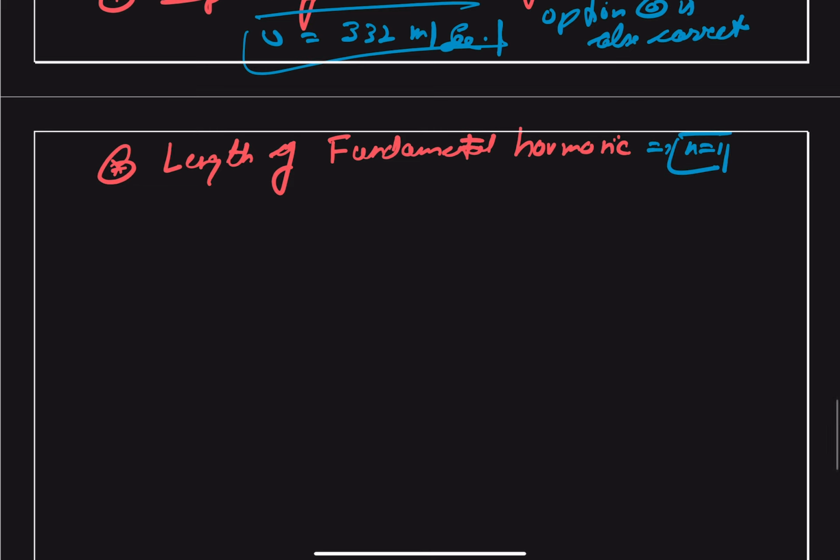So the length for the fundamental harmonic will be equal to lambda by 4 plus E, where lambda is 66.4 and the end correction we found is 0.9, and this comes close to 17.5 centimeters.